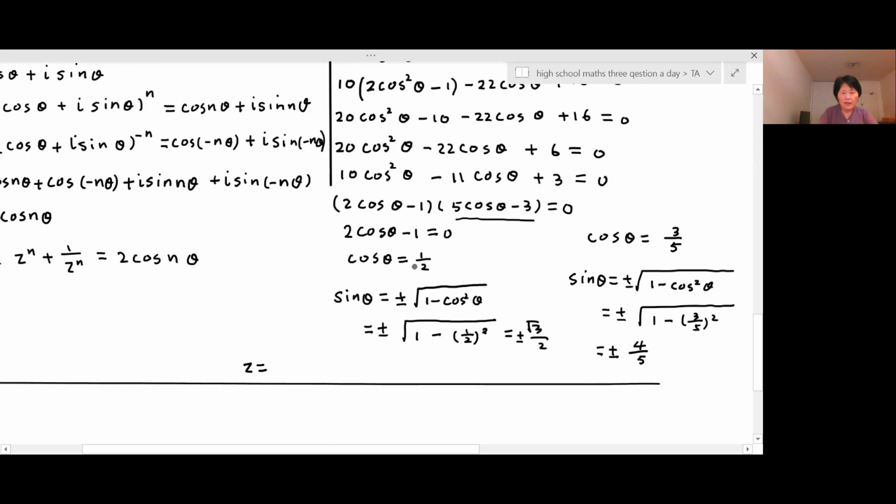When cosine theta is a half, the real part is half, and the imaginary part will be plus minus root 3 on 2 i. Another one, when cosine theta equal to 3 on 5, the real part is 3 on 5, then the imaginary part will be plus minus 4 on 5.